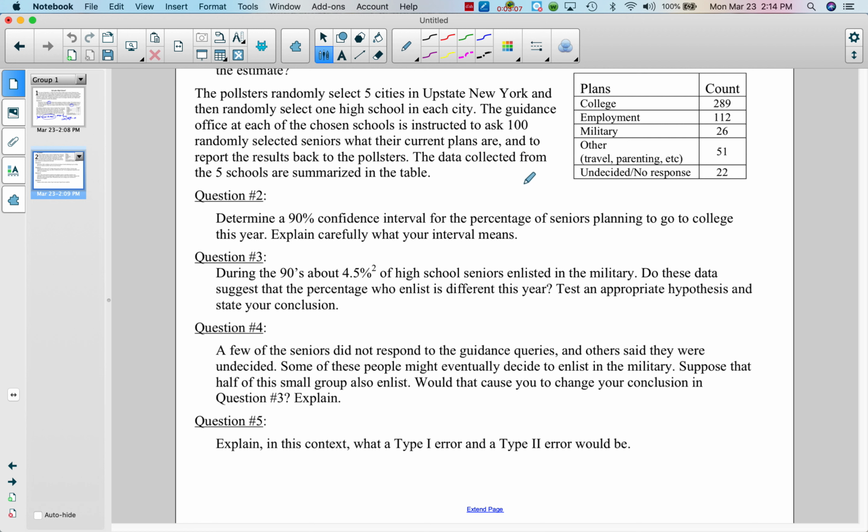So we have 5 different cities, which means we have a total of 500 students. The data collected from the schools are summarized in the table. If you were to add these up, you do get 500. So this is 500 total students in our sample, so that's n equals 500.